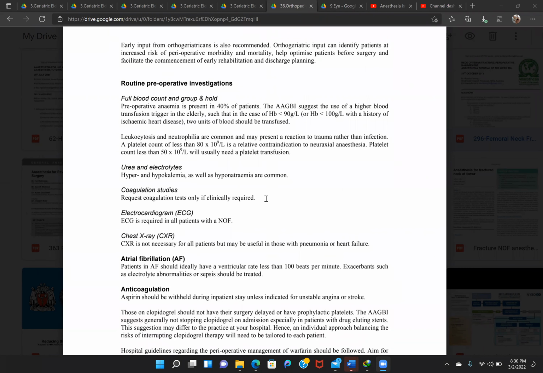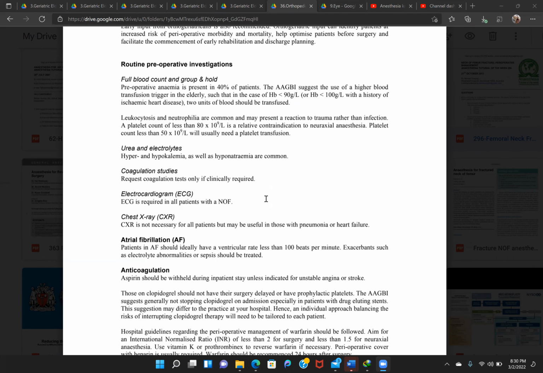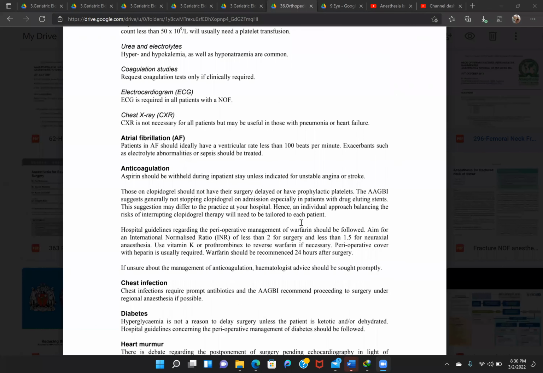You can send all the reports, but you will not delay the surgery, and you will be discussing with the surgeon whether an X-ray is necessary. If you are suspecting any pneumonia or heart failure, you can do it. If you have a patient like we discussed in our first discussion, there are certain problems which are more prevalent in elderly patients. One of them is atrial fibrillation, or for any other reason the patient may be taking aspirin or any antihypertensive medication.